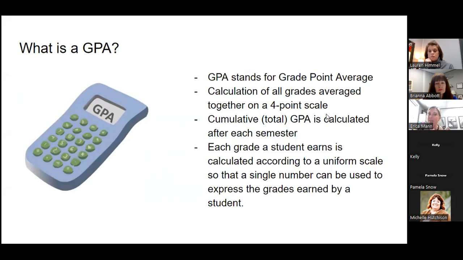It does start at their freshman year, and that cumulative GPA is what builds with them all throughout until they graduate as seniors. It is calculated after each semester and not the quarter. So quarter one and quarter two are combined to provide that first semester GPA. And each grade a student earns is calculated according to a uniform scale so that a single number can be used to express the grades earned by a student.